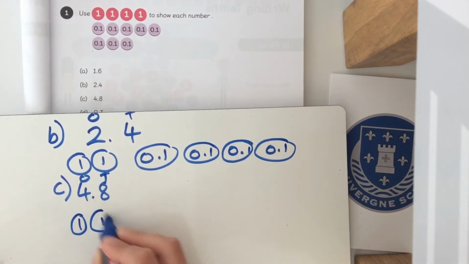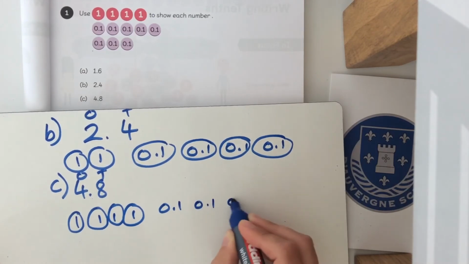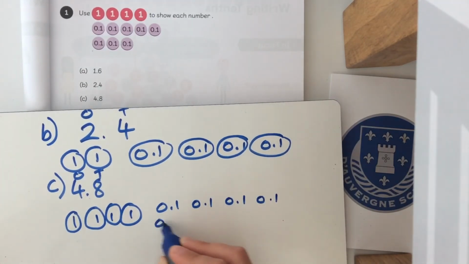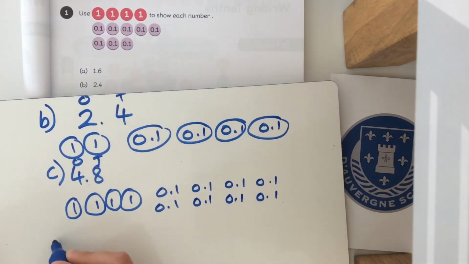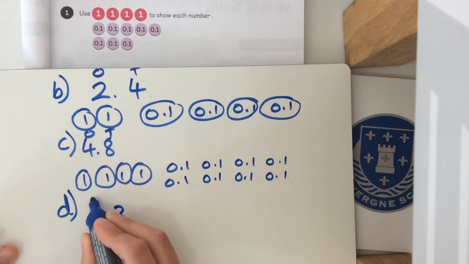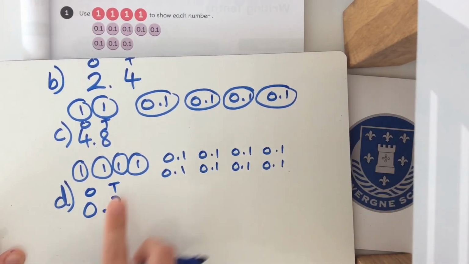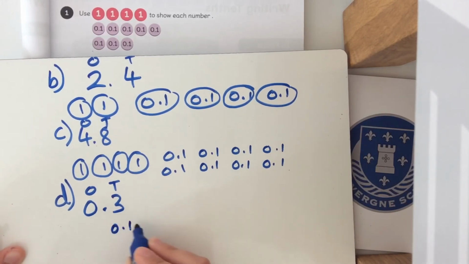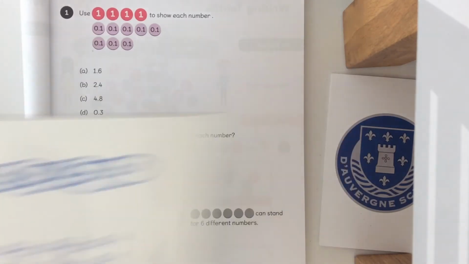So 1, 2, 3, 4, and 8 0.1 or 8 tenths. Okay, and D, we have 0.3. So we have 0 1s and 3 tenths. So we don't need any 1 coins, and we need 3 tenth coins. Well done if you got that.